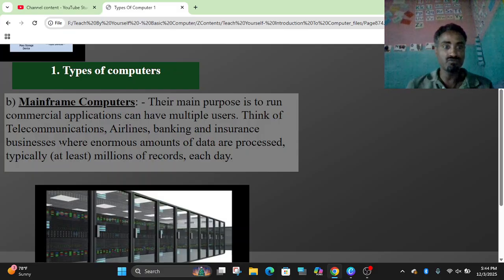Especially for data processing, like big data processing in telecommunications, for storing and processing airline data, and for banking and insurance to store and process data, which mostly have an enormous amount of data, typically at least millions of records per day.